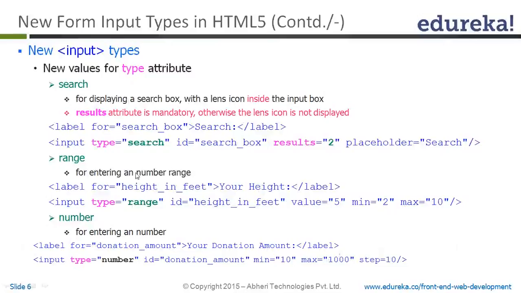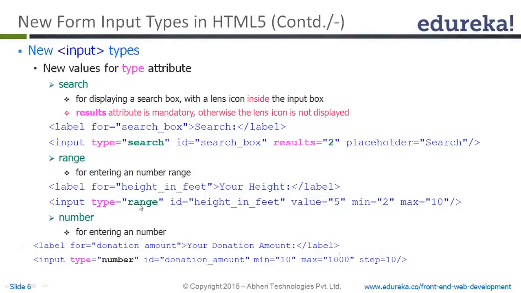And similarly, if you want to enter a range of numbers, then you can use the value range, and similarly, number. Note that the difference between this one and this one is that the range will have minimum and maximum. Here minimum is 2, maximum is 10. You are only allowed to give values in this range, and here you can give the default value.